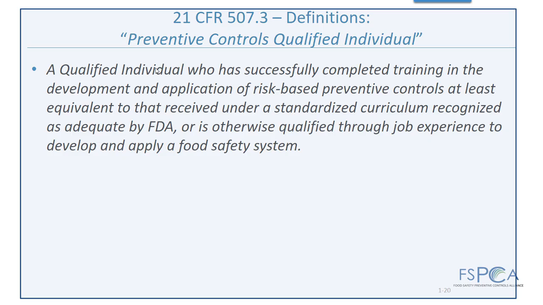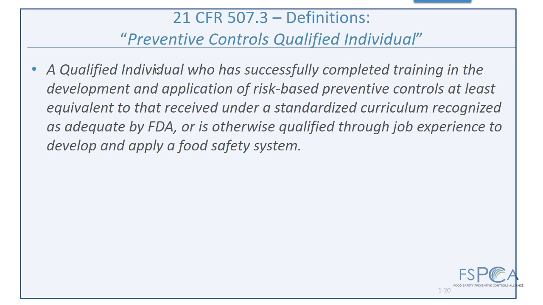Okay, so where we take this up a notch is now under this rule, if you are subject to subpart C, you have to have a preventive controls qualified individual involved in your food safety system. And here's the definition of a preventive controls qualified individual.